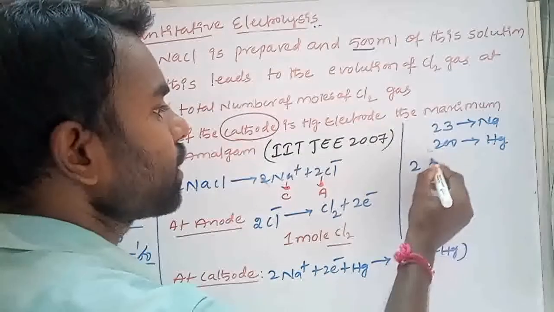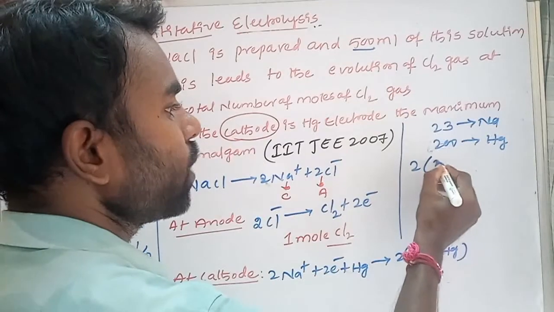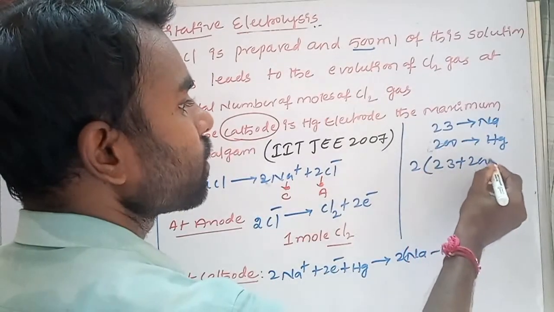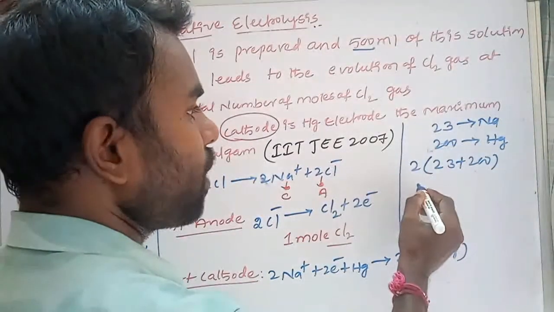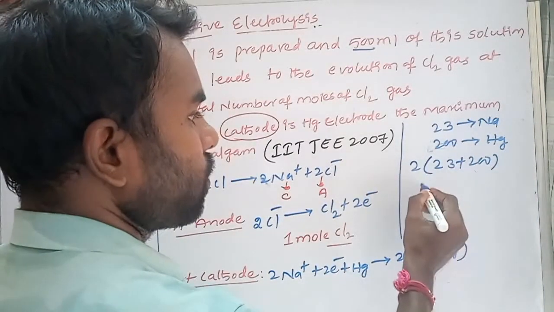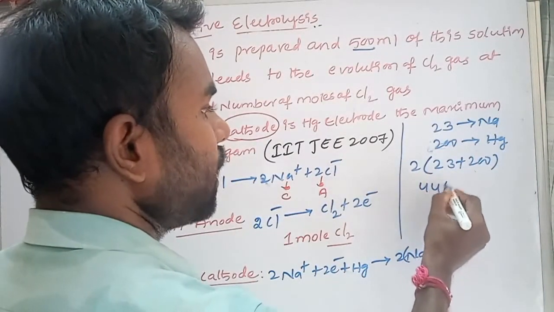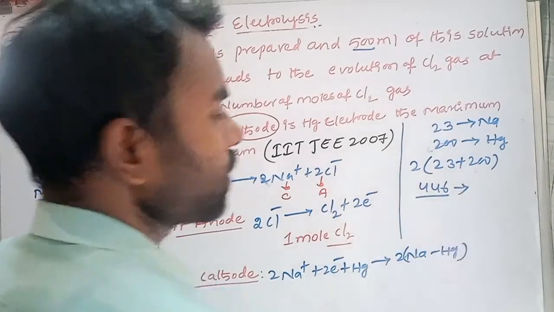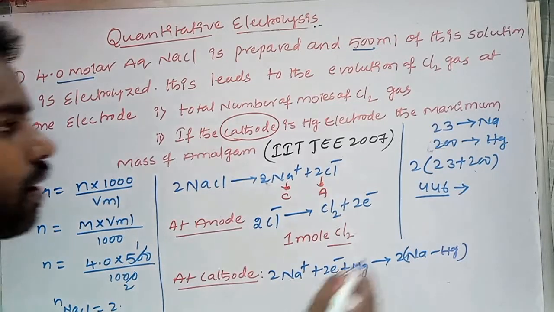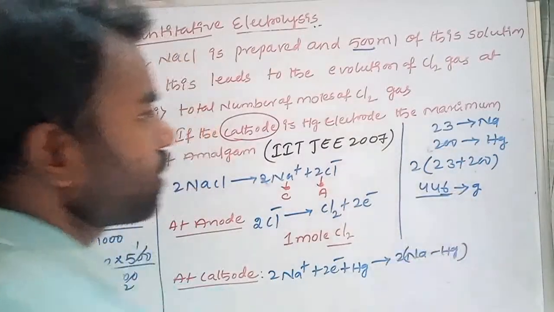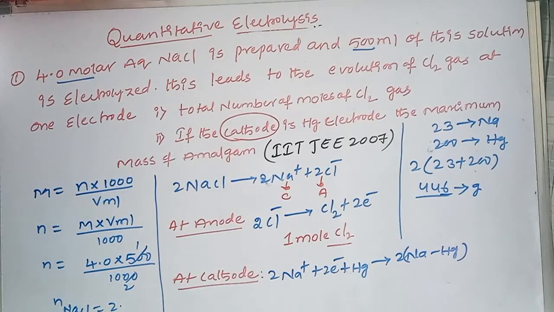Then what can we write? 2 into (23 plus 200), so finally how much will we get? 446. The answer is 446 grams. 446 grams of sodium amalgam was deposited on the cathode electrode. So this is one of the previous IIT JEE questions.